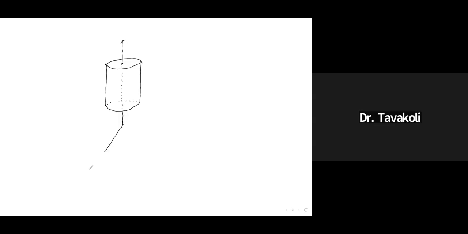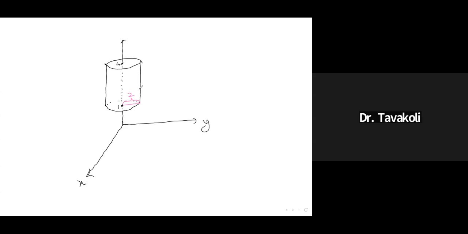This is X. This is Y. So imagine that the lower point on the z-axis is 1 and the upper point is 4. And suppose the radius of this cylinder is 2. So if this is the radius, suppose this radius is 2.